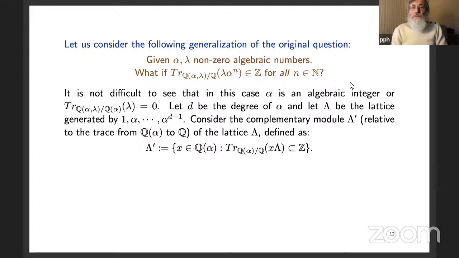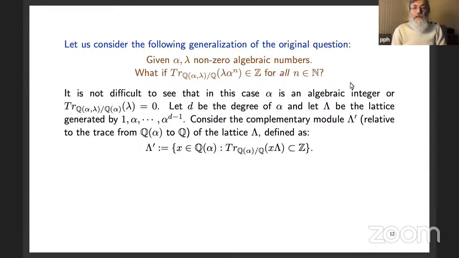So to prove this, again we denote d the degree of alpha over Q, and we consider the lattice Lambda generated by the standard monomial basis, 1, alpha, up to alpha to the d minus 1. Then we consider the complementary module, usually denoted Lambda prime, for the trace to Q. So this is the lattice which is indicated on the screen.